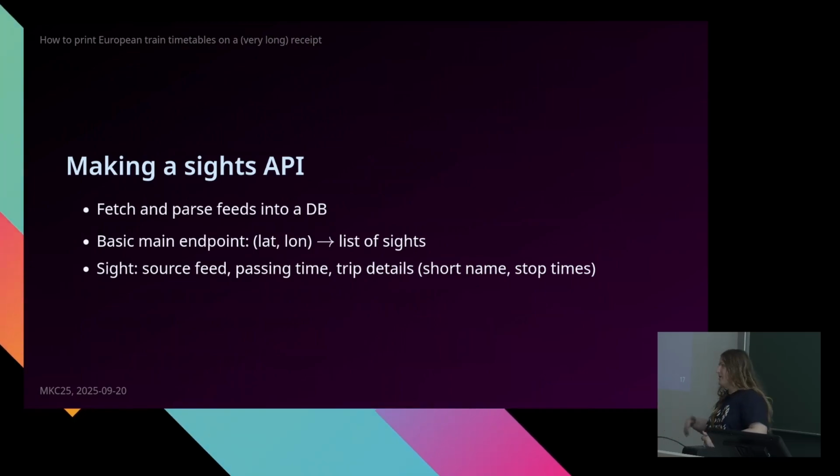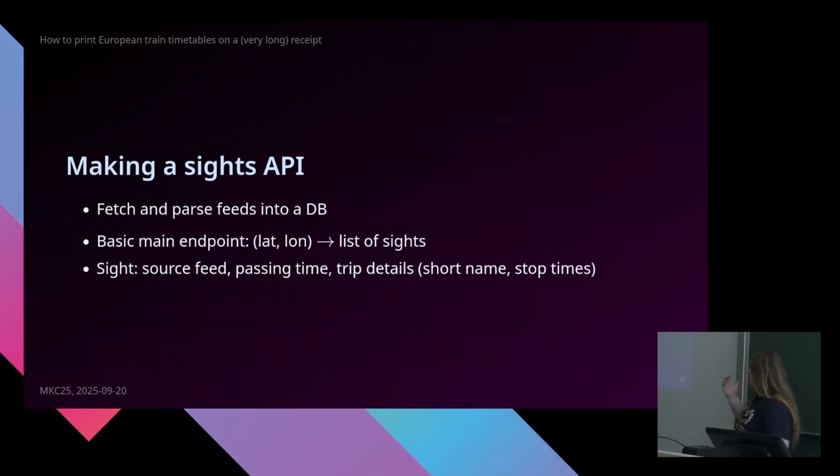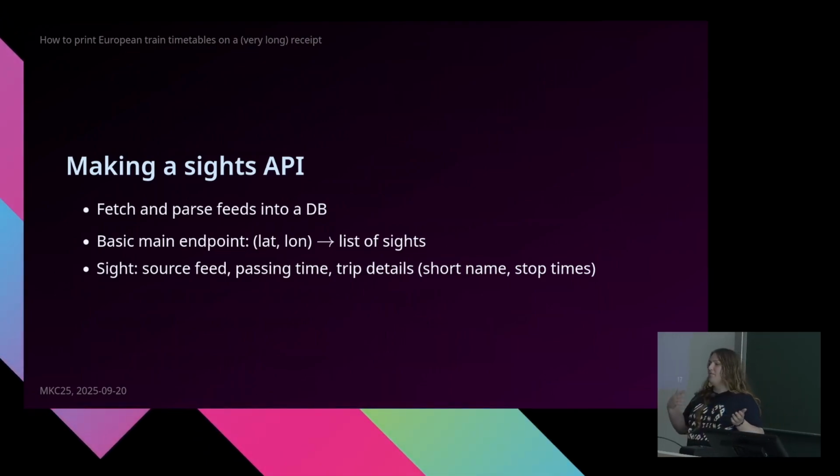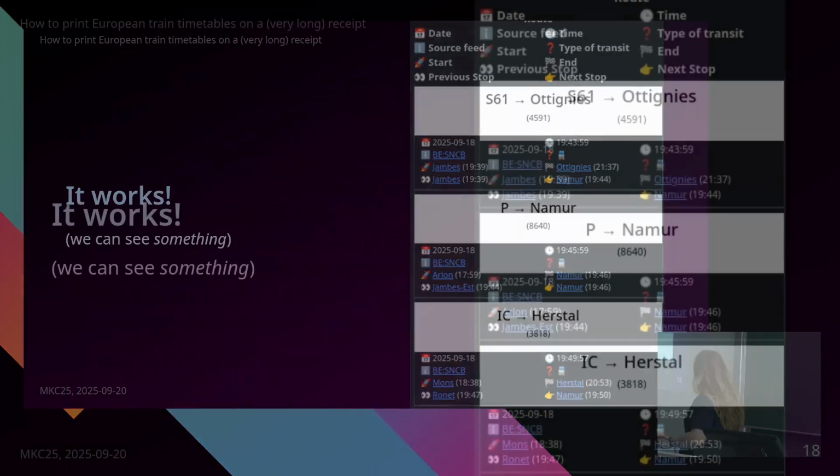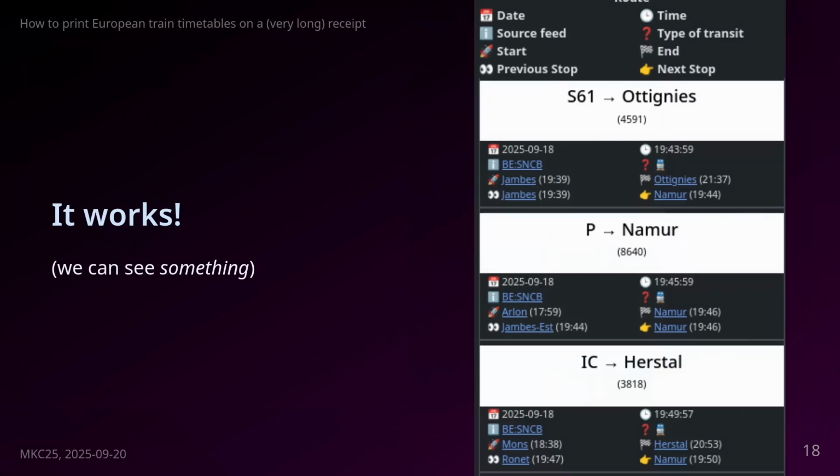So the short name, because it's often going to be the train number, and then stop times, because we actually want to know when we might see it and have more detailed info. So it works. I did a simple UI for this. This is an example in Belgium. So it has trips, but this was cheating a bit because it was at a station.